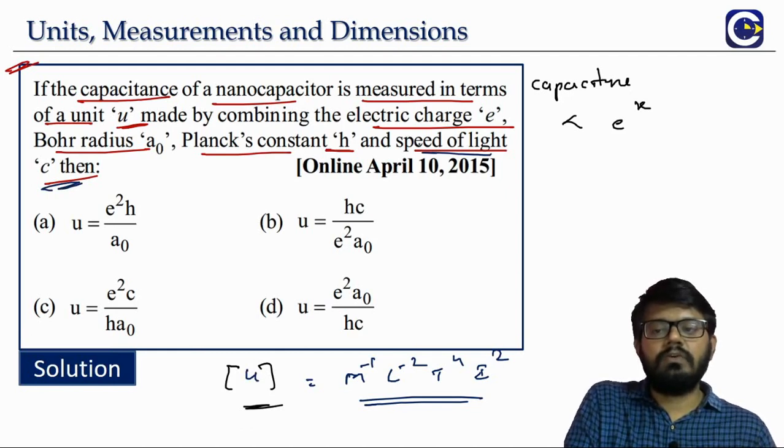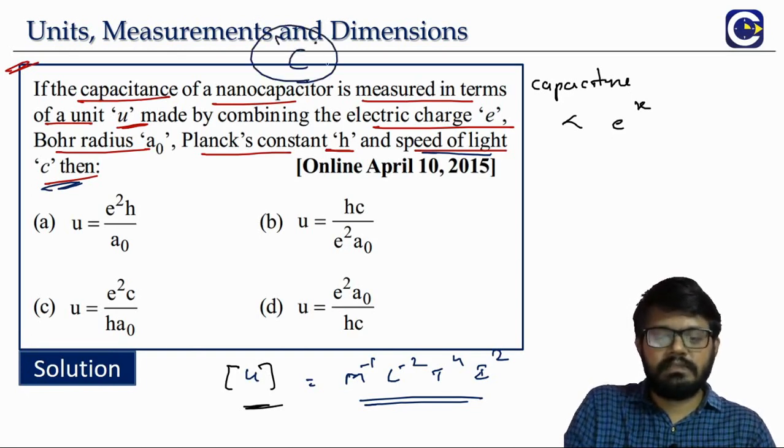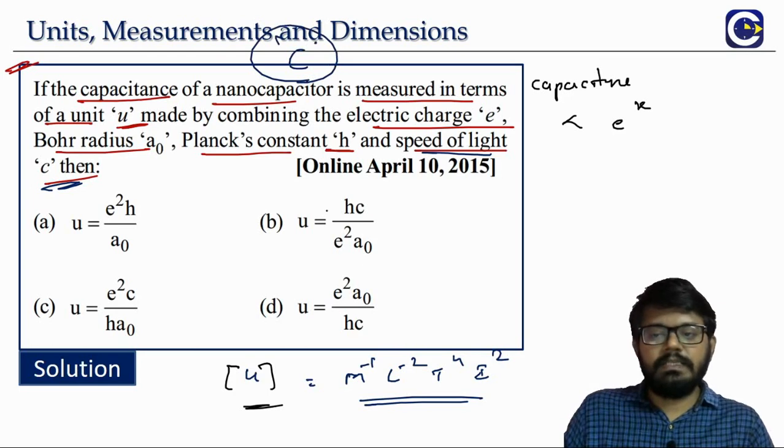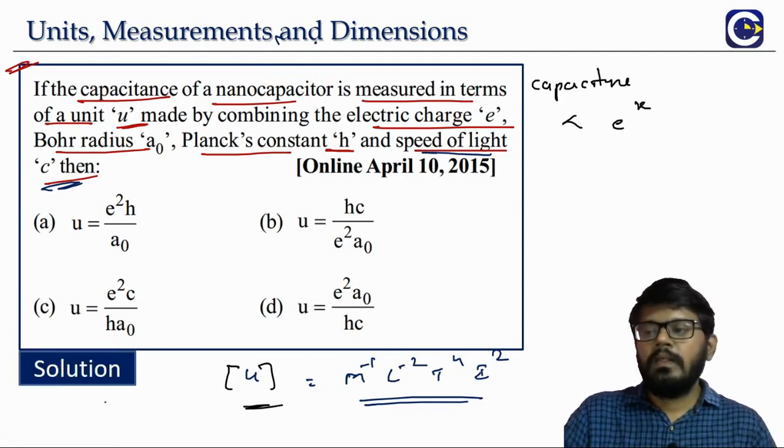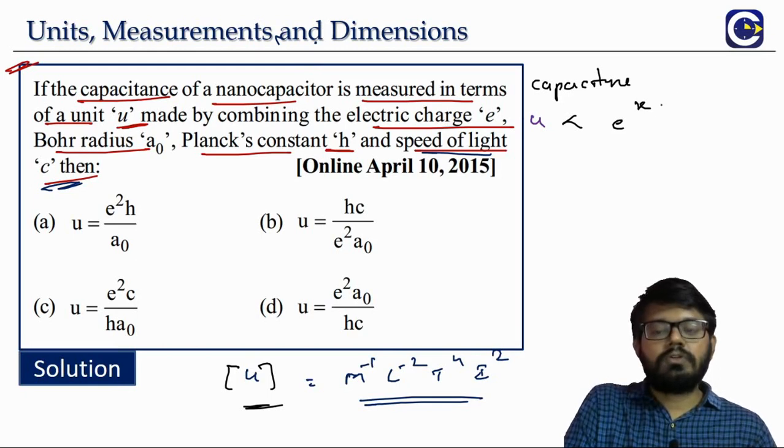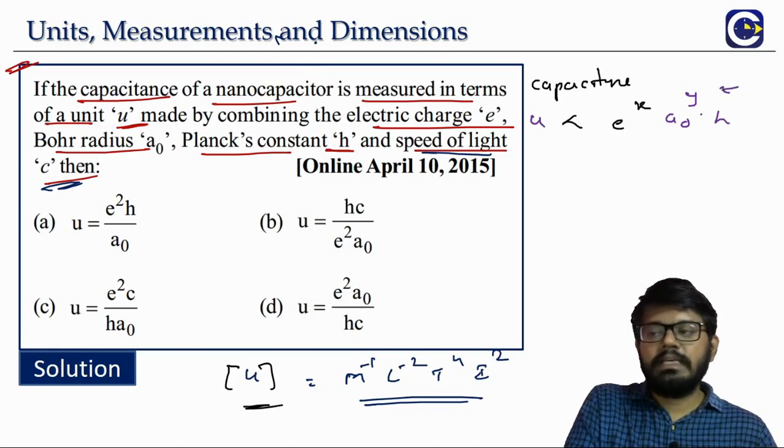Instead of confusing, we'll use U. But generally, when we go to the current electricity chapter, we'll use a capital C for capacitance. Speed of light is basically small c, but capacitance is generally given by the symbol capital C. But here, since they are saying use U, we'll go with U. So U is proportional to e power x, then a naught power y, h Planck's constant power z, and then c speed of light power w.